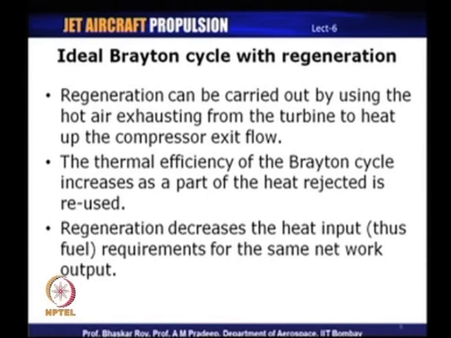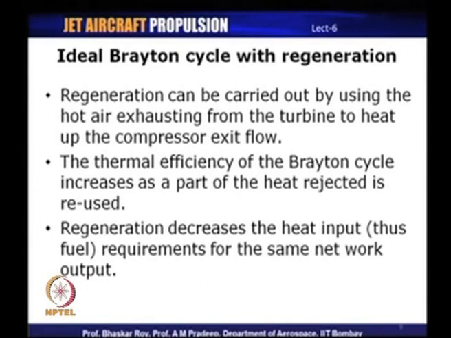One of the first modifications that we will be discussing is an ideal Brayton cycle with regeneration. Regeneration, as you might know, is a process during which one can transfer energy during one part of the cycle to some storage device, and then during another part of the cycle recover the energy back.